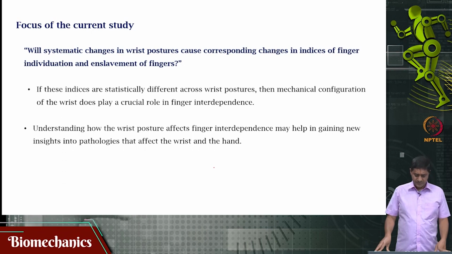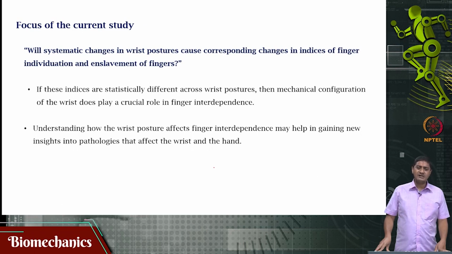Okay. Now, we need to understand how this wrist posture affects finger interdependence, because it might help us in gaining more insights or more understanding of the pathologies that affect the hand. Right? How we can come up with approaches to rehabilitate or to treat, provide appropriate therapy.